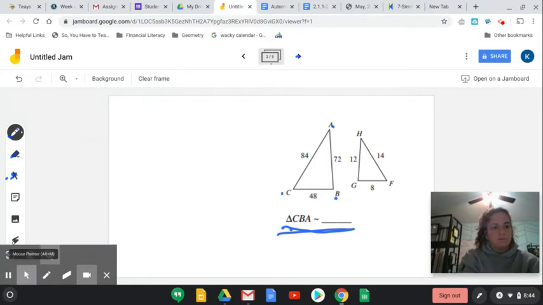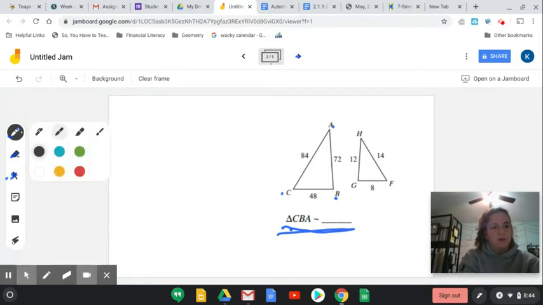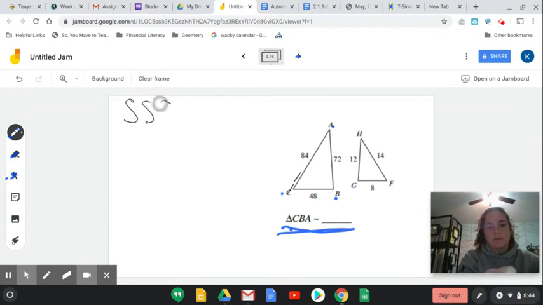So the one thing that we need to make sure of is, do we have a condition that helps us? So what we notice is for each triangle, I have three sides. So we're going to test if there is side, side, side similarity, since we're given three sides.